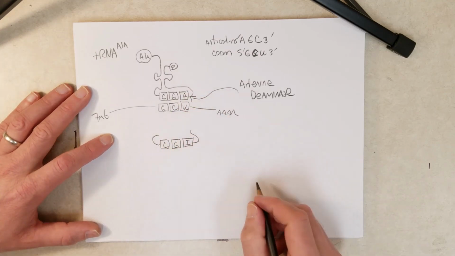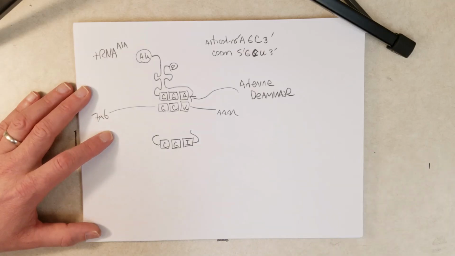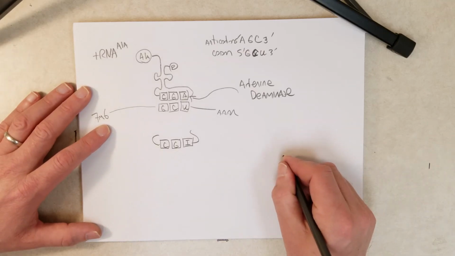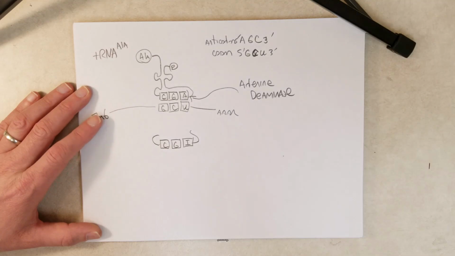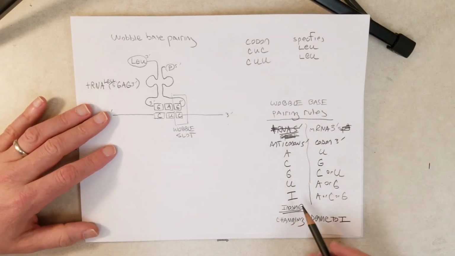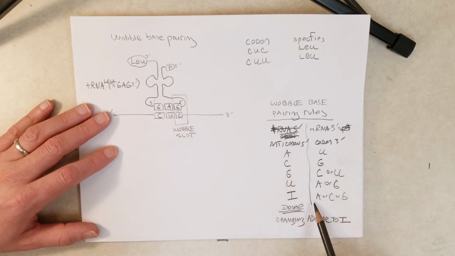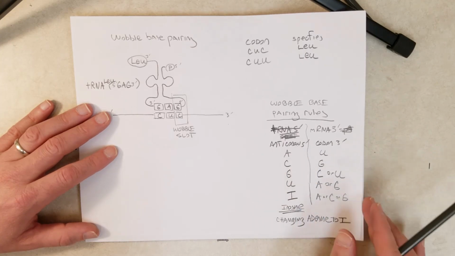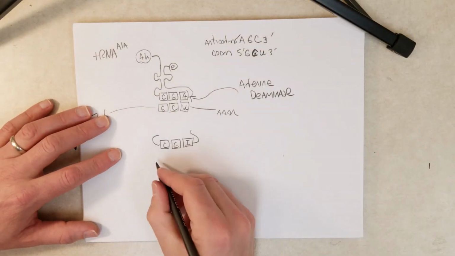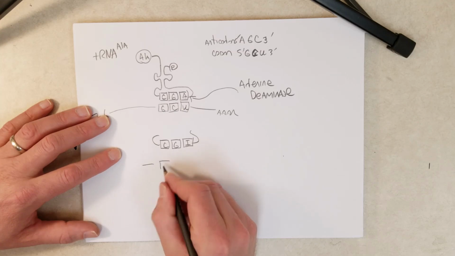Because of the wobble base pairing rules, and you can flip back the video a little bit, an I in the 5' anticodon position could pair with A, C, or U in the 3' codon position. So this can recognize 3 different codons.